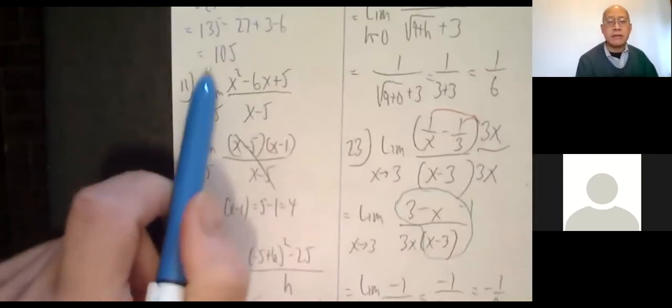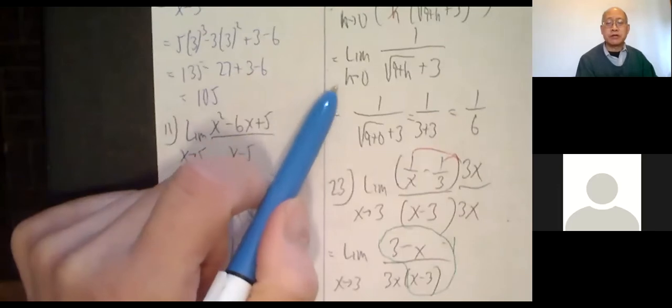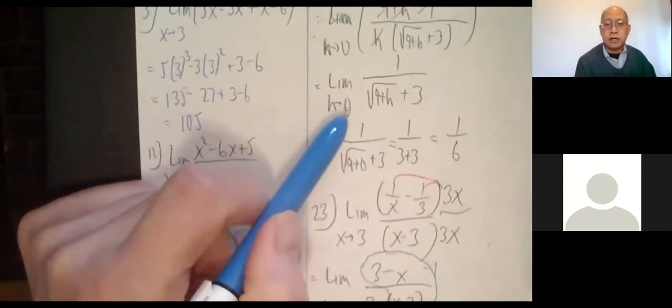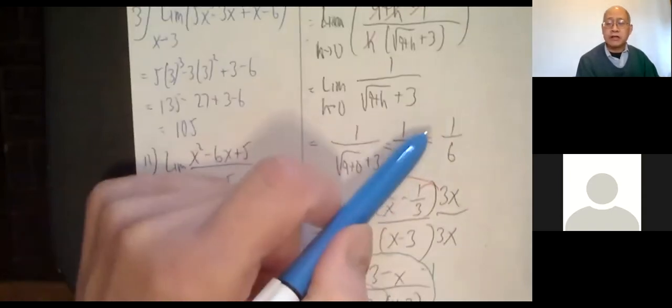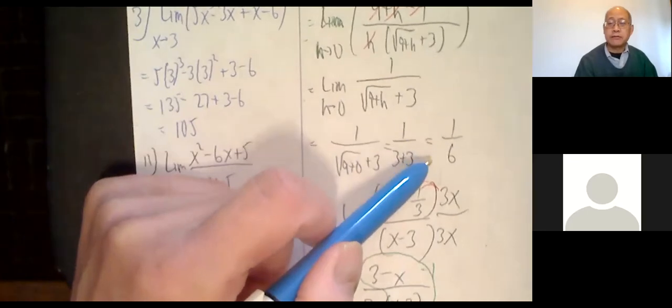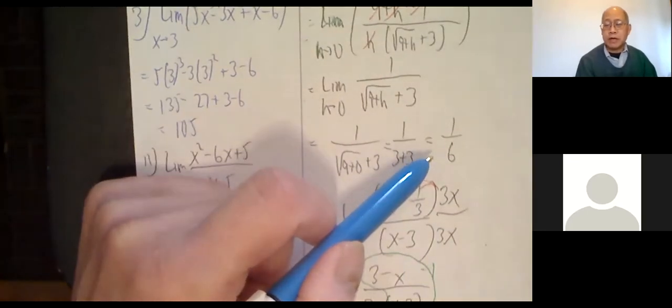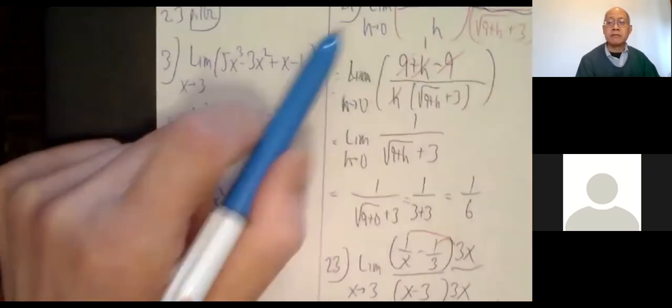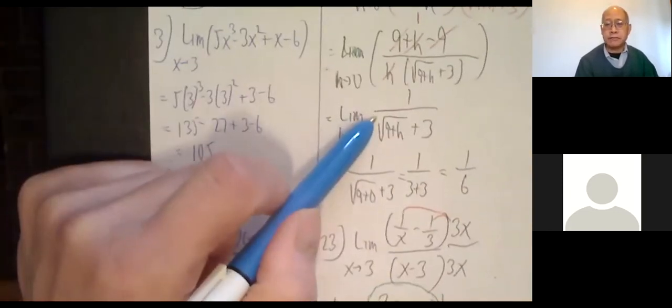You keep writing limit x approaches 5, limit h approaches 0, up until the point that you substitute in. After you substitute in, don't write it anymore. I will take off points if you don't. So you have to be able to write mathematically correct statements also. You keep writing lim until you're ready to plug in.